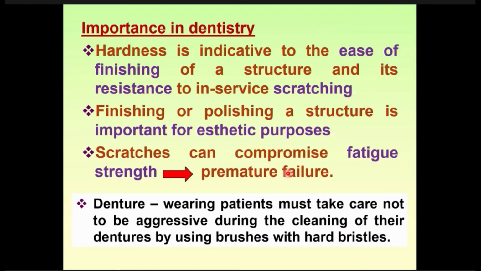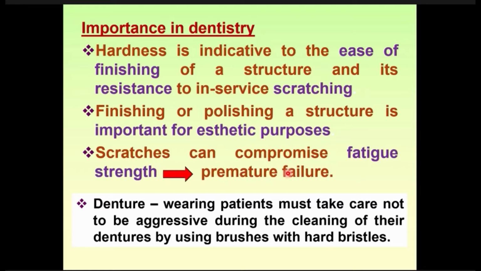So hardness is an indicative of material processing. If material is very hard, we cannot cut it. It is very difficult to make scratches, to make polishing and finishing. For example, denture material, if it is very hard, it is difficult to cut and finish for the technician.